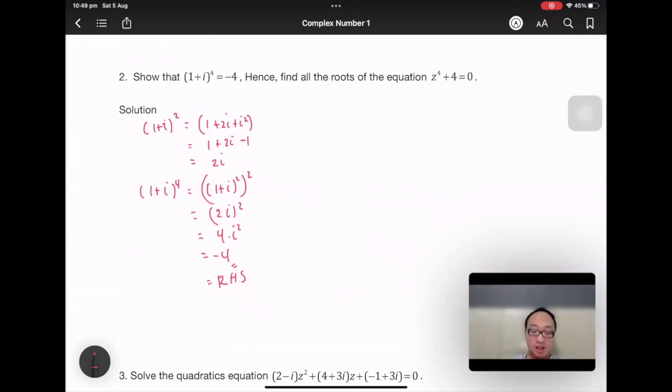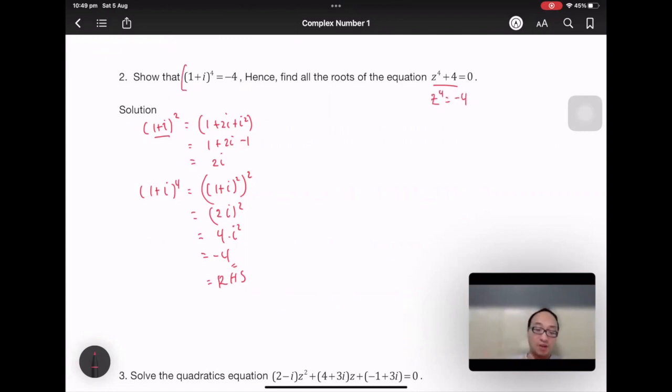And then find all the roots of the equation z^4 + 4 = 0. So we know that (1 + i)^4 is equal to negative 4. So I can say that z^4 equals negative 4.